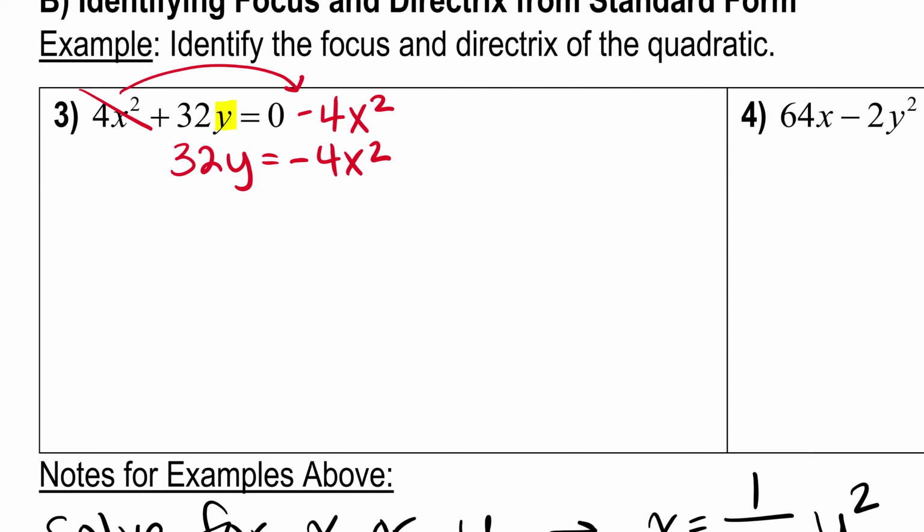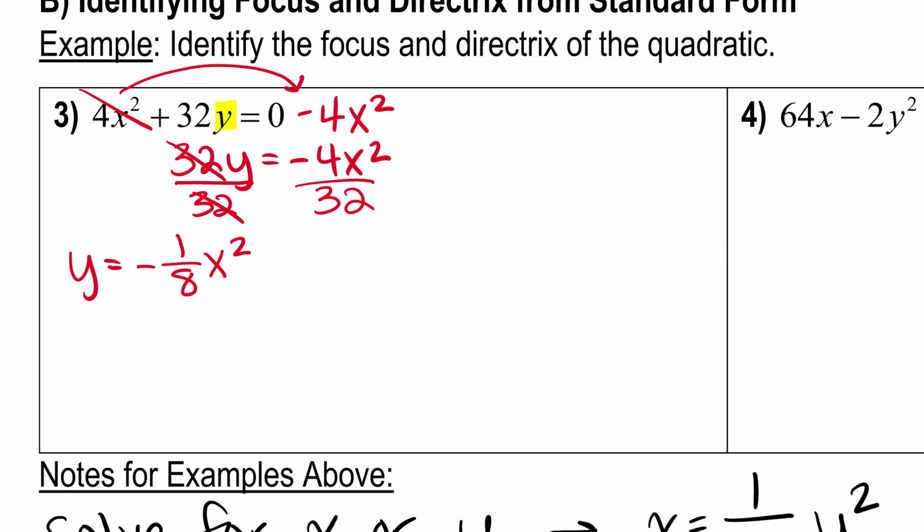And then, since I want y, I'm going to divide by 32. Okay, that gives me y equals, if I reduce that, 4 over 32 is 1 over 8, so I have negative 1 over 8 x squared.